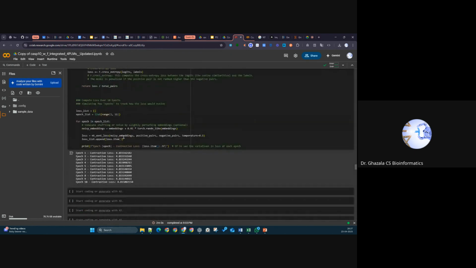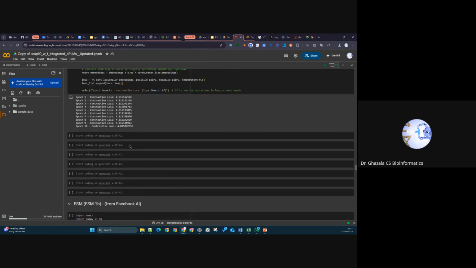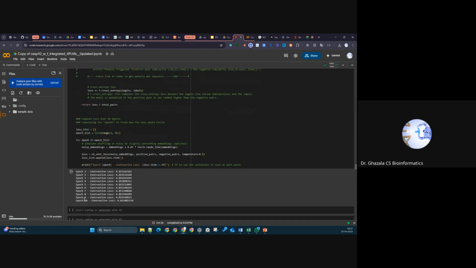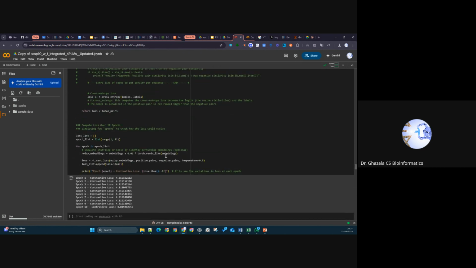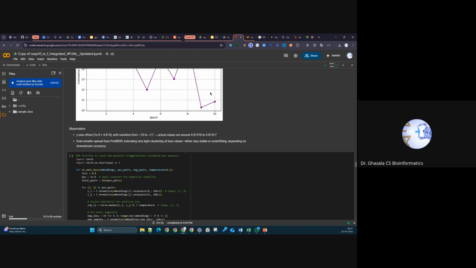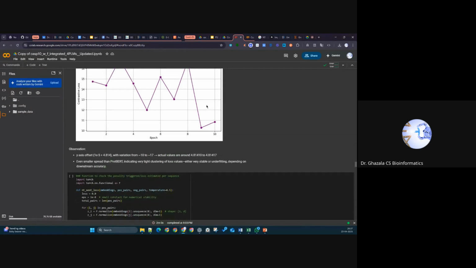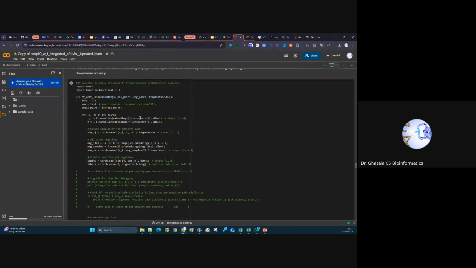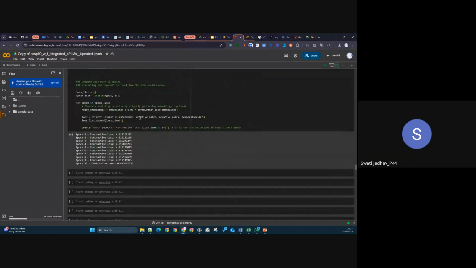And then we have the epoch value. You can also try with a greater number of epochs and see how the contrastive loss is varying, so that accordingly we can understand how these variations affect the next step of analysis.